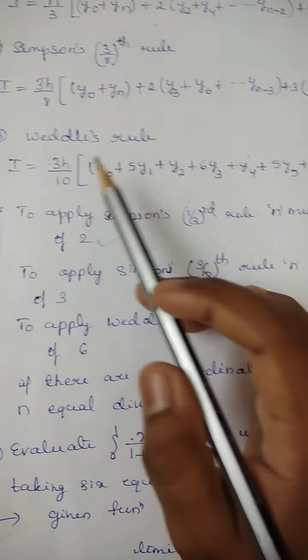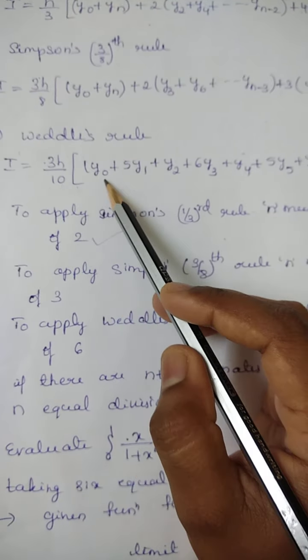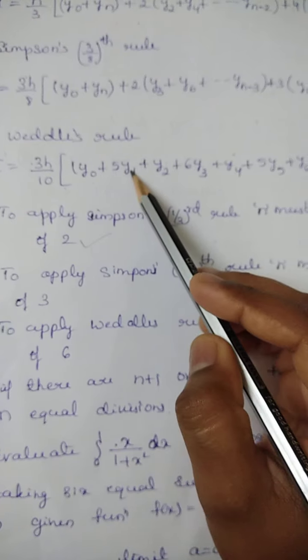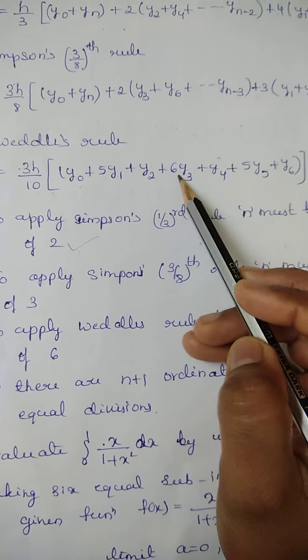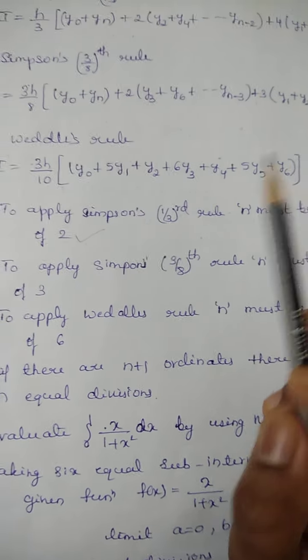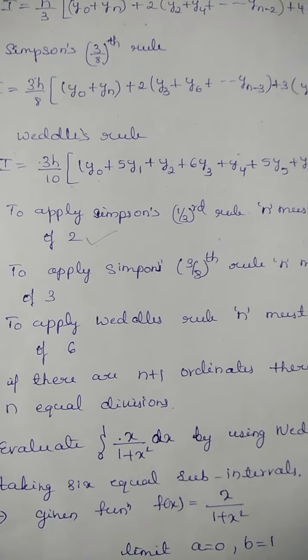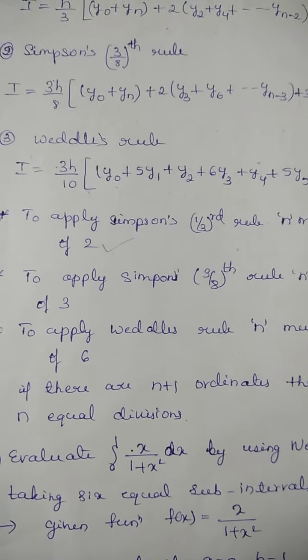Now the last rule is Weddle's rule. That is I is equal to 3h by 10 in the bracket y0 plus 5y1 plus y2 plus 6y3 plus y4 plus 5y5 plus y6. To apply Weddle's rule, n must be a multiple of 6. Then only we can apply this rule.